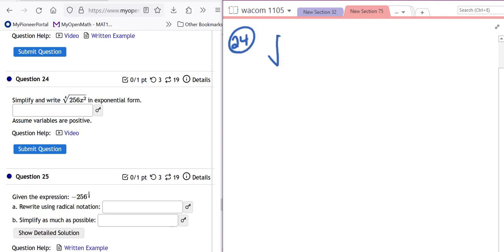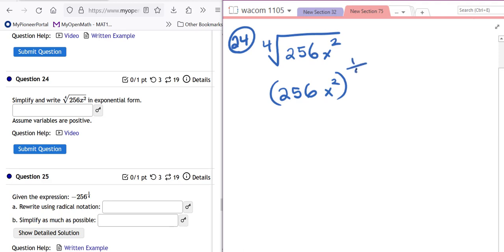So we have the fourth root of 256 x squared, and they want us to put it in exponential form. All right, so that is 256 x squared to the 1/4.